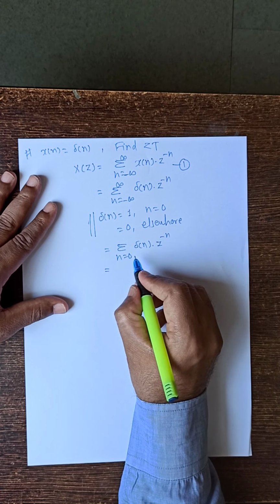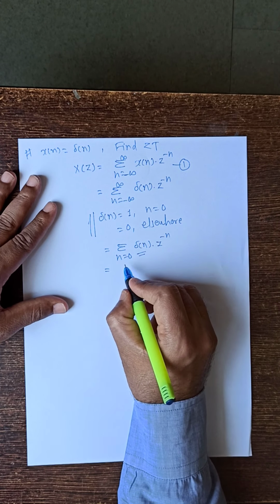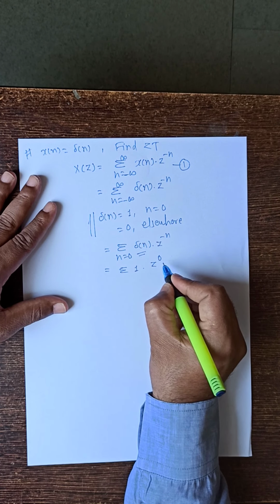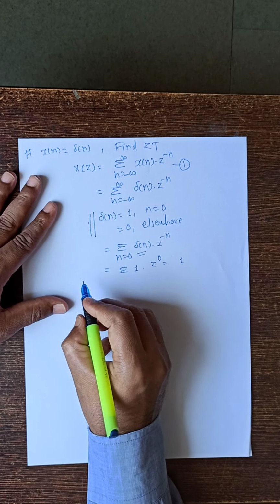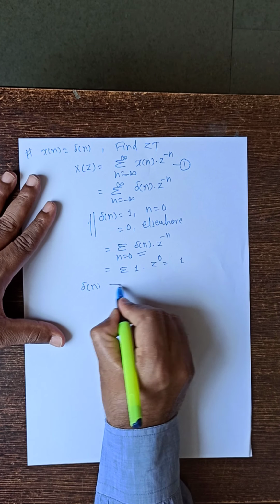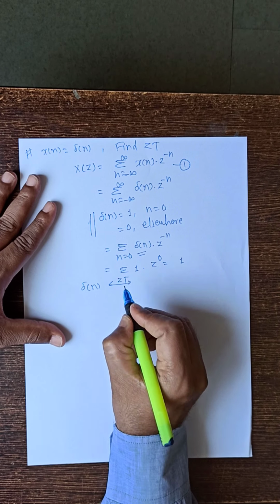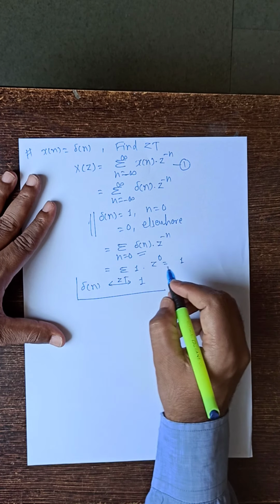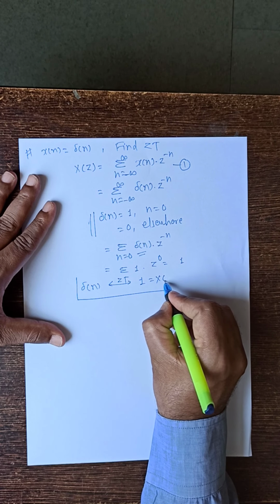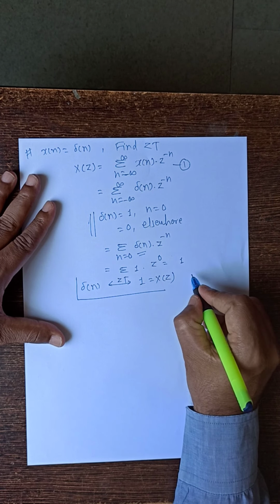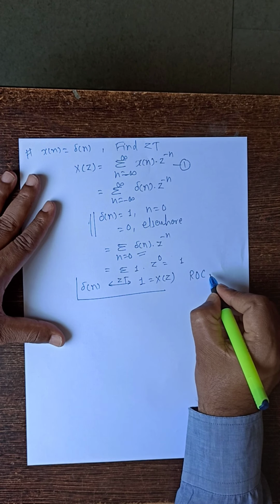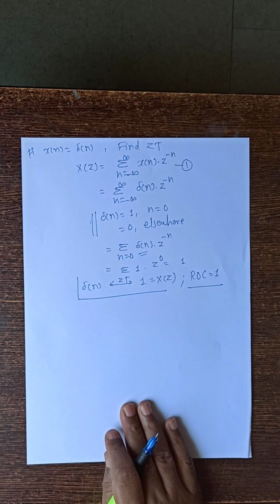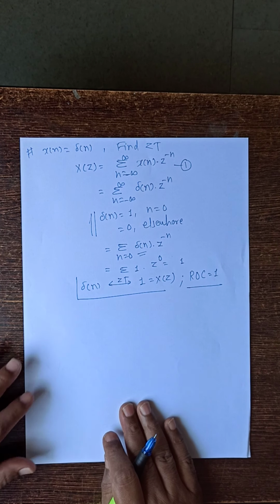So at n equals 0, delta n is equal to 1 at z raised to 0, that is equal to 1. So delta n, its z transform is equal to 1. So X(z) is equal to 1, and the ROC is the entire z plane, that value only, because X(z) is equal to 1.